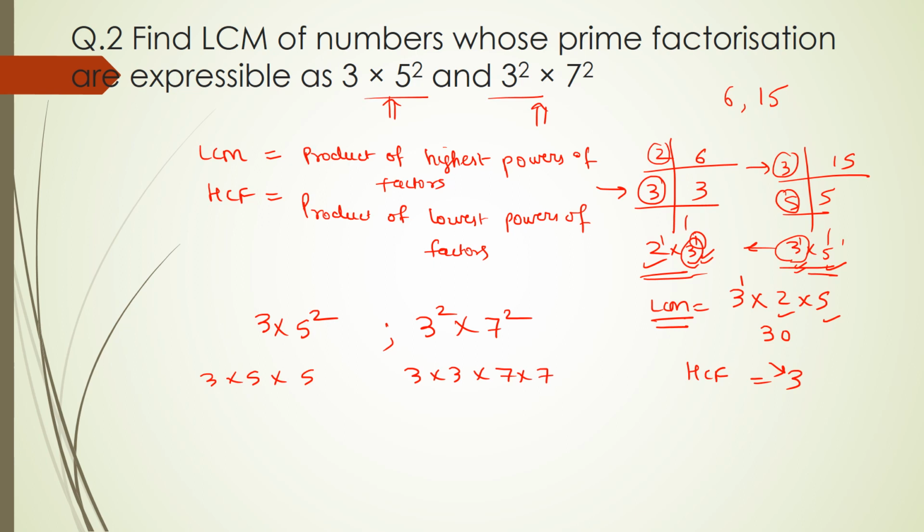If you split this, then what is common? 3 is common, so 3 will be considered one time, and all the rest of the numbers will be considered, 7 into 7, right? And you can simply get the answer by multiplying these, correct? Also remember, this has been considered one time. This is HCF, but LCM is the highest power. So this 3 cannot be ignored, correct?